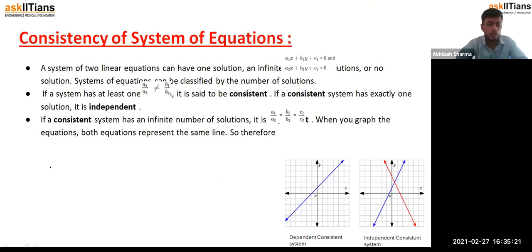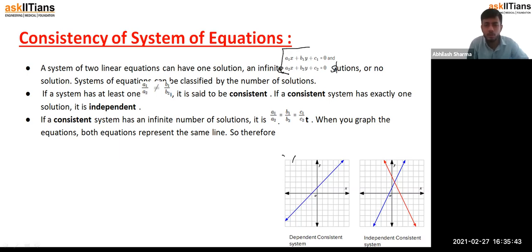A system of two linear equations can have exactly one solution, infinite solutions, or no solutions.